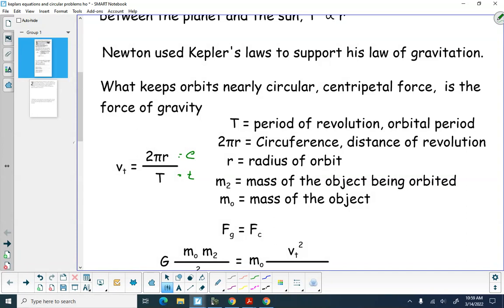We calculate the circumference, the distance that's being traveled by a planet or a satellite, and we divide that by the amount of time it takes for one time around. Okay, that is the orbital period, a period of revolution. 2 pi r is the distance that a planet is traveling.